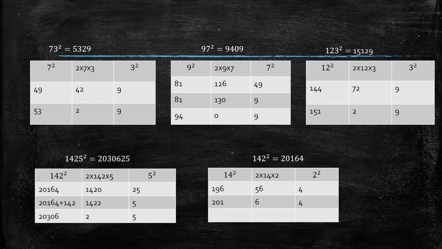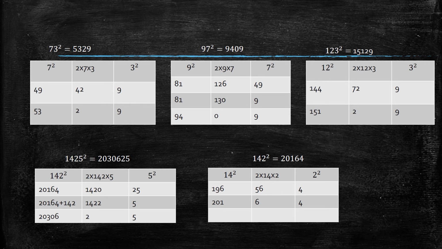For 123 square, we do (12 plus 3) square and not (1 plus 23) square. Remember to keep only a single digit number in the place of b in our (a plus b) square. Thus, for (12 plus 3) square, we get 12 square, 2 into 12 into 3, and 3 square in our 3 columns, which equate to 144, 72, and 9 in the next row respectively.